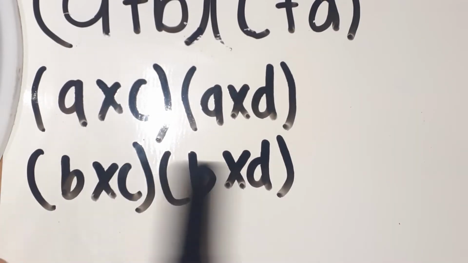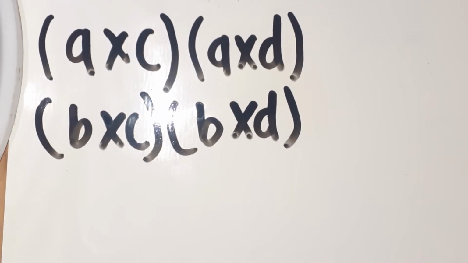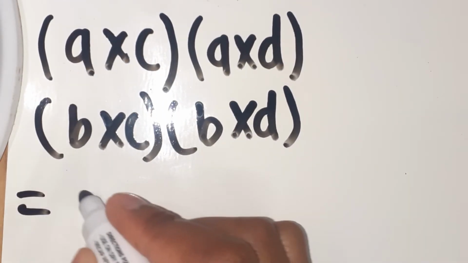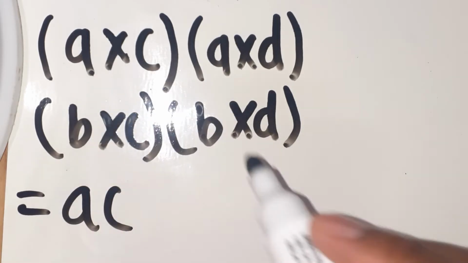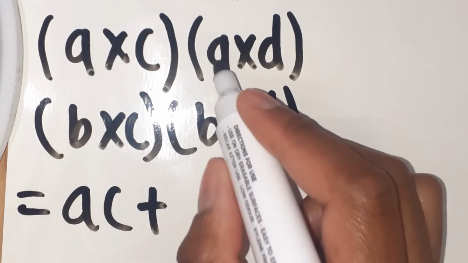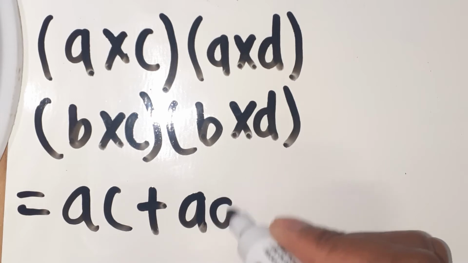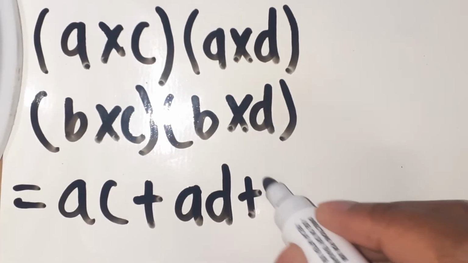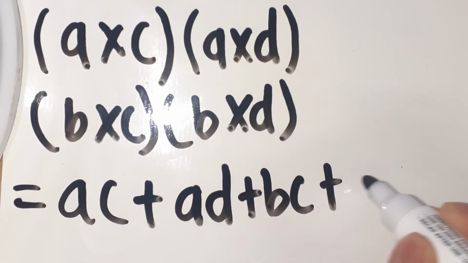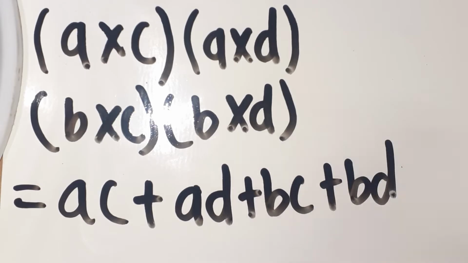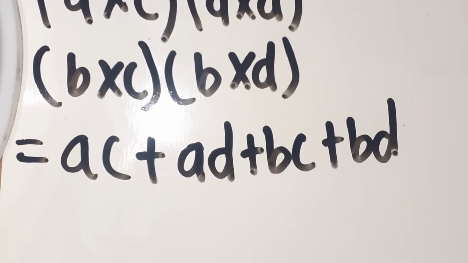Now we have everything. So all of this will equal ac, a times c is ac, plus ad plus bc plus bd. So here we are. What have we done? We have expanded the brackets using the distribution law.